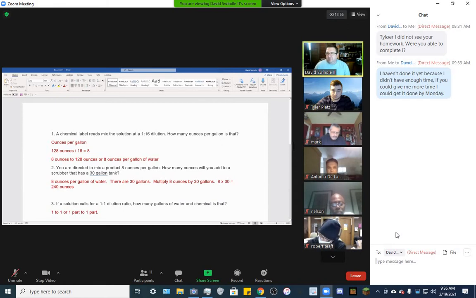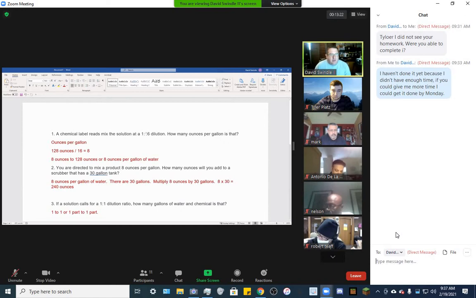It's 128 ounces, right? We're told that we're mixing at 1 part to 16 parts. That's the given information we know. What we don't know is how many ounces this first part is, because that first part represents our chemical. How many ounces per gallon?